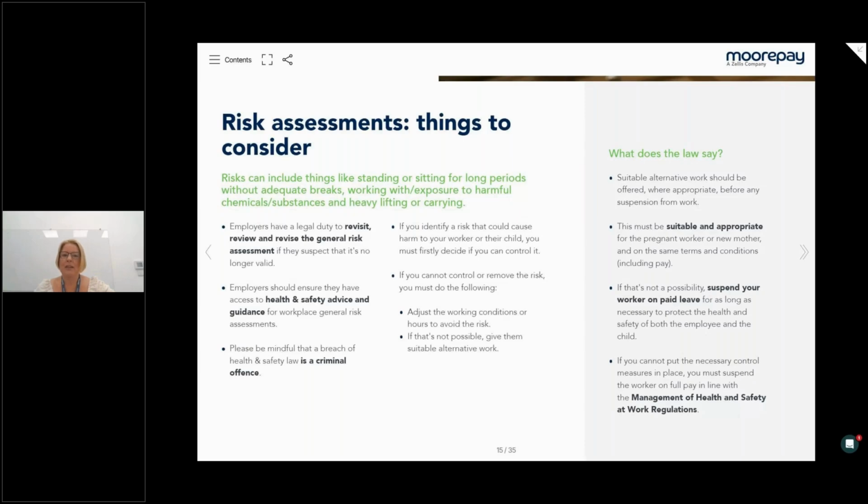If that's not possible, we would look for an alternative role for them within the organisation. And if not, then we would potentially have to put them on paid suspension until the maternity leave starts, because if we can't provide them with a safe working environment, then legally they can't come to work.